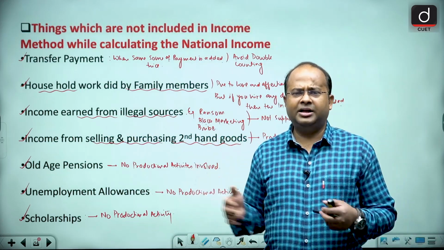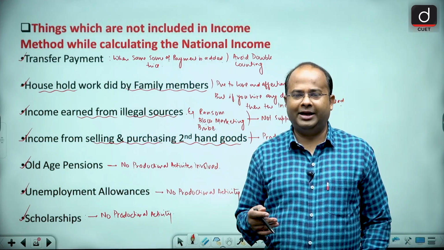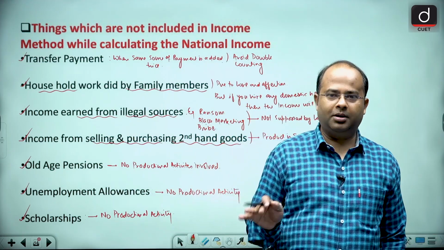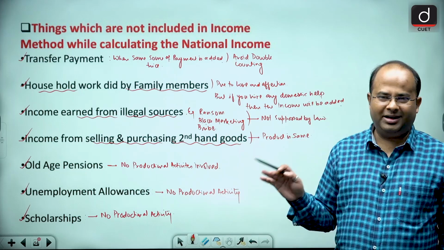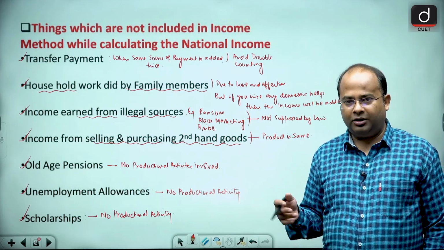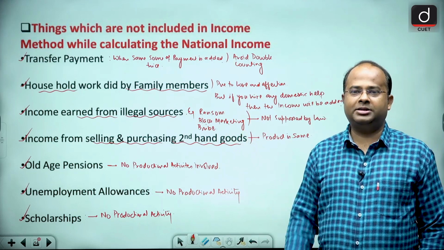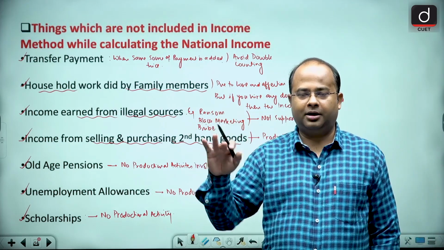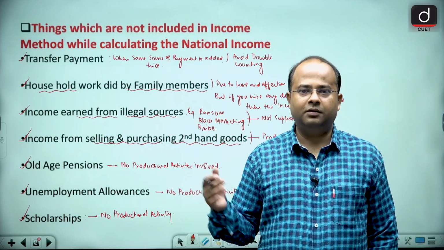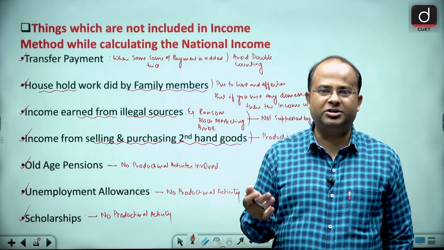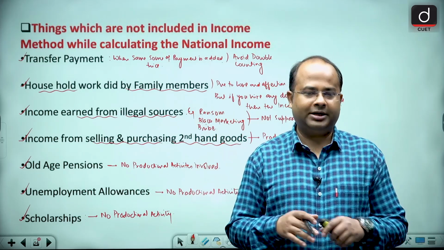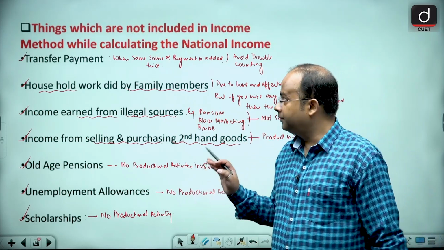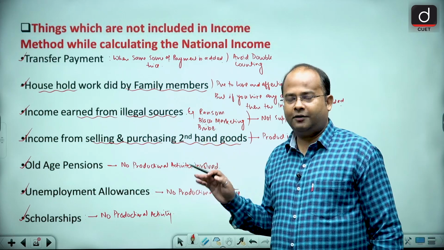The reason is this: either they do not involve any productional activity, or sometimes it is the reason of double counting, and another major thing is the unorganized sector. In India we have multiple unorganized sectors, and the income varies from sector to sector. There is a huge income disparity from sector to sector. Therefore, guys, it is not being taken care of.